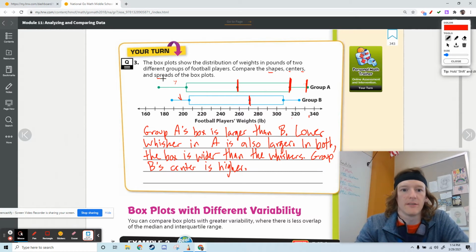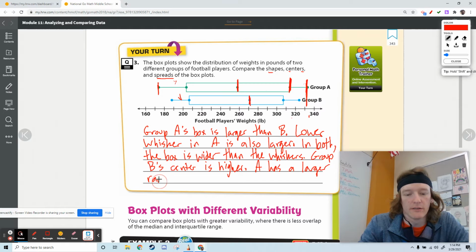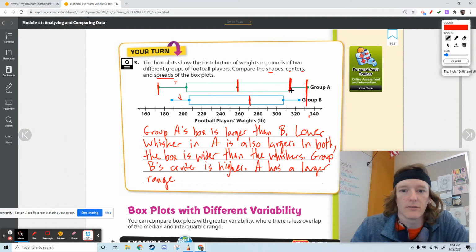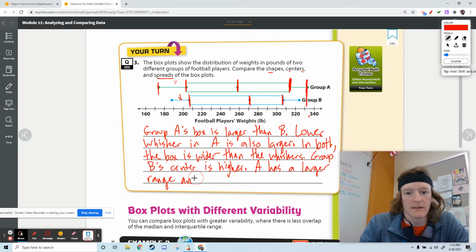And then the spreads, let's look at the range. A has a larger range, goes from here to here. It's a larger spread, it's more spread out. Larger range. And now let's look at the interquartile range, which would be the box. It also has a larger box.